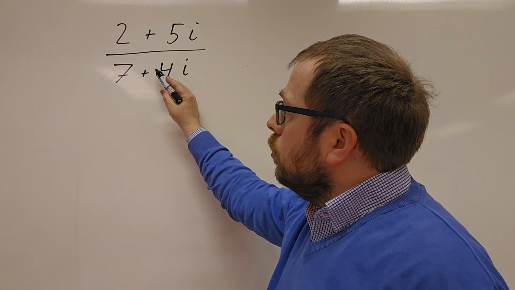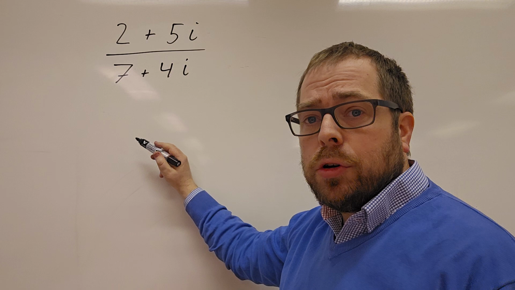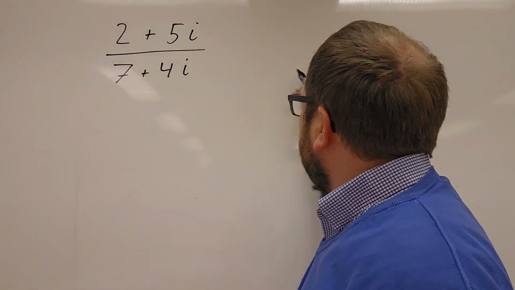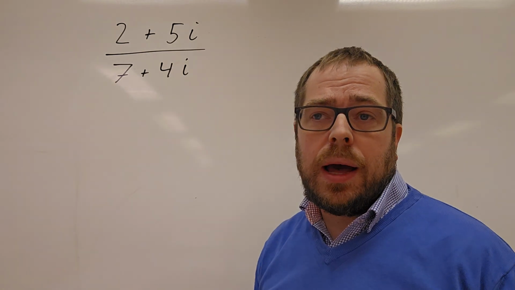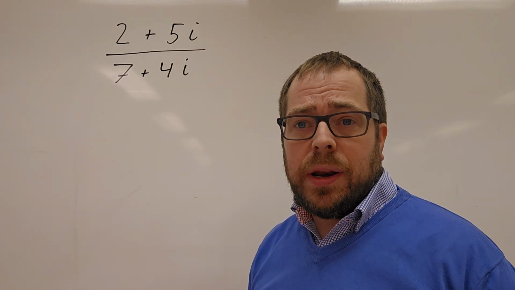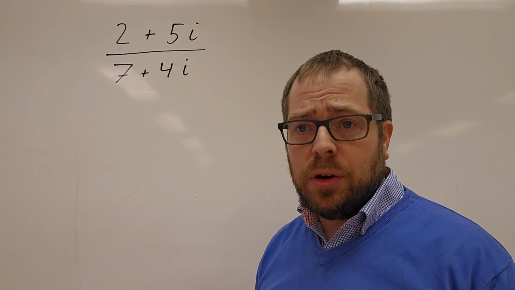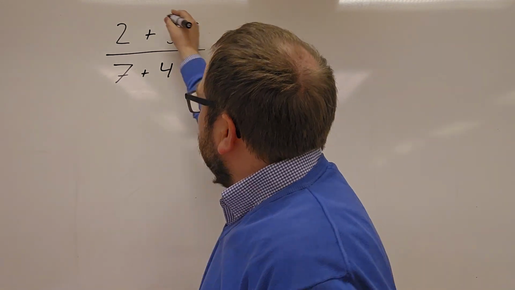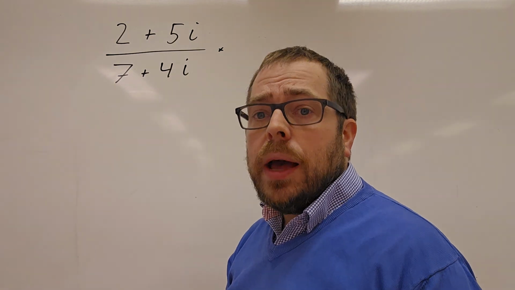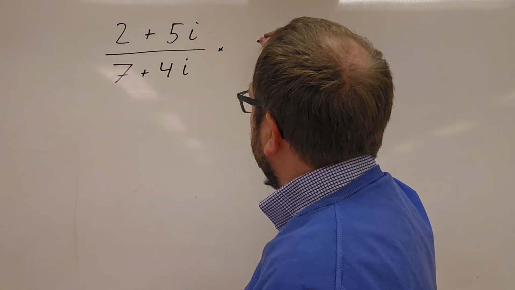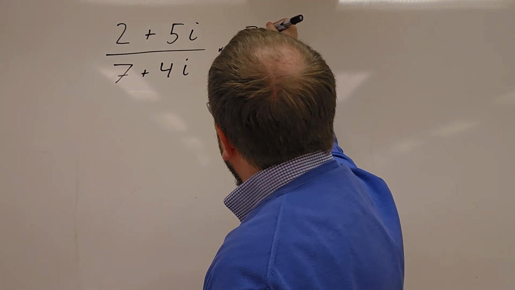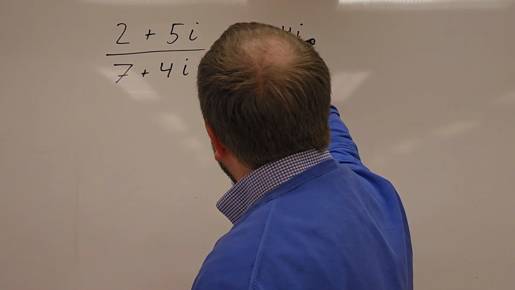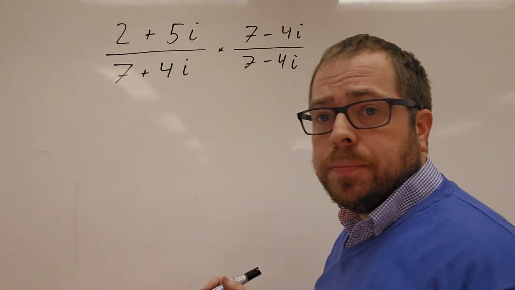What I want to do is extend it by something called the complex conjugate of 7 plus 4i. If you remember, when we had square roots in the denominator and wanted to rationalize the denominator, we did a similar trick. So I'm going to multiply this whole fraction by 1, and I will write the number 1 in this particular way: as 7 minus 4i divided by 7 minus 4i.